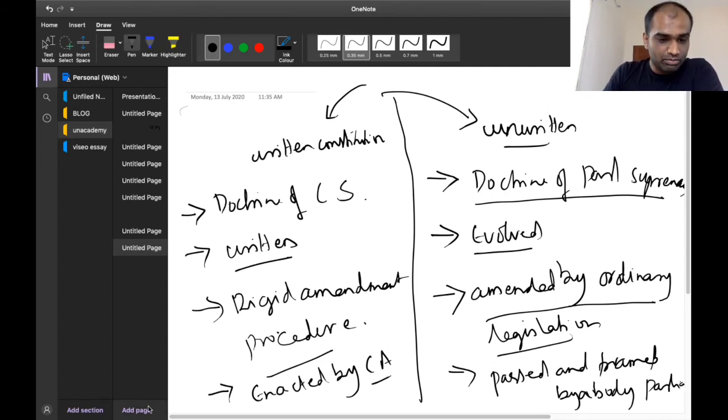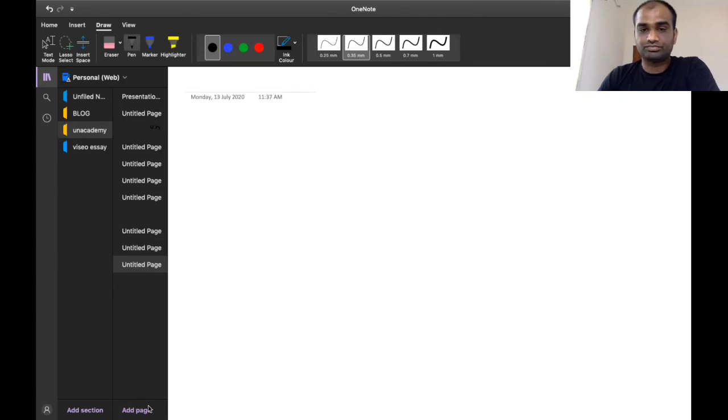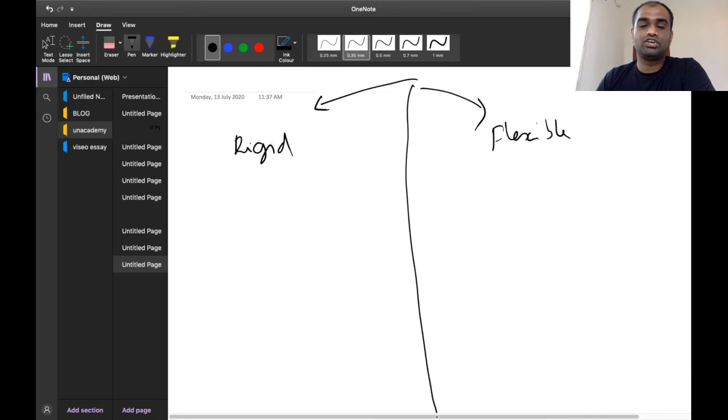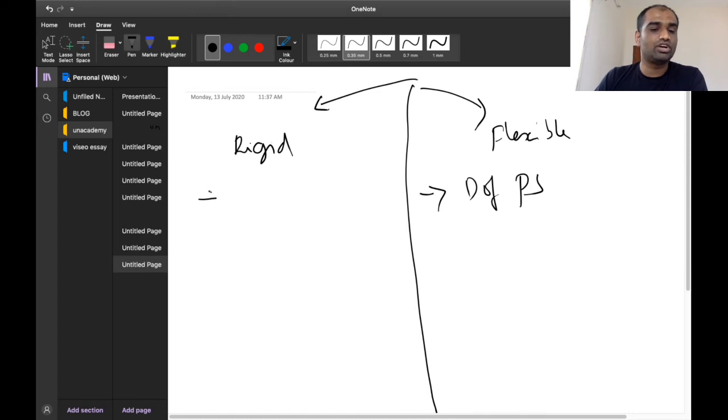Now there is another classification of constitution called rigid constitution as well as flexible constitution. Clear? In case of a flexible constitution, it follows the principle of doctrine of parliamentary supremacy. In case of a rigid constitution, it follows the principle of doctrine of constitutional supremacy.